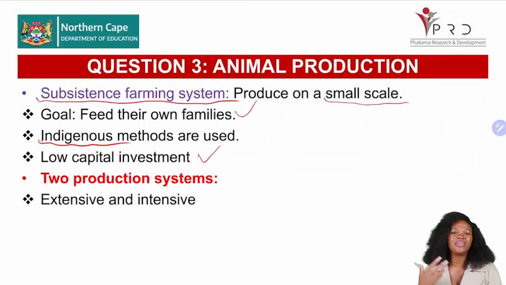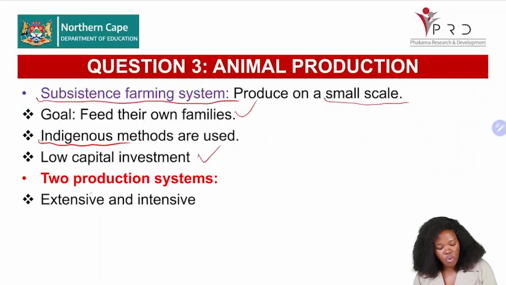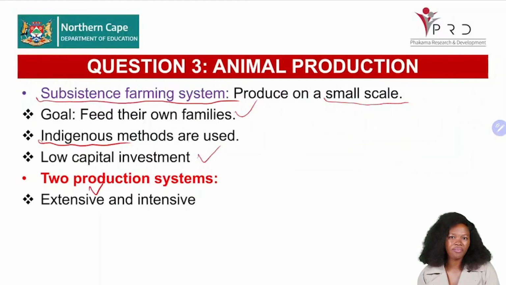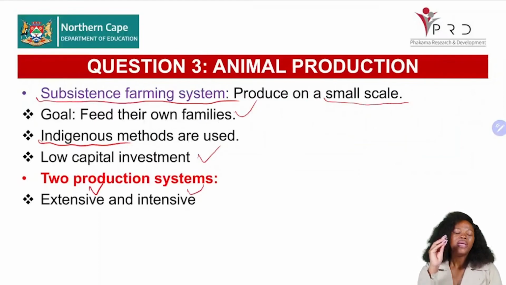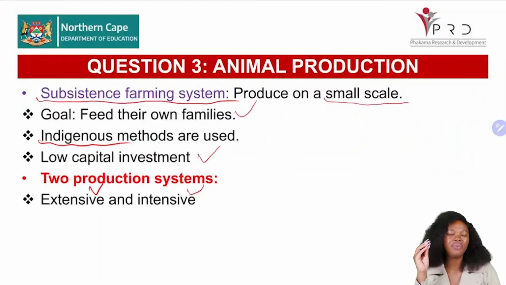Now, farm animals can be raised under two production systems. Production system one is the extensive, and another one is the intensive. Be able in the examination to differentiate or identify production systems and farming systems.